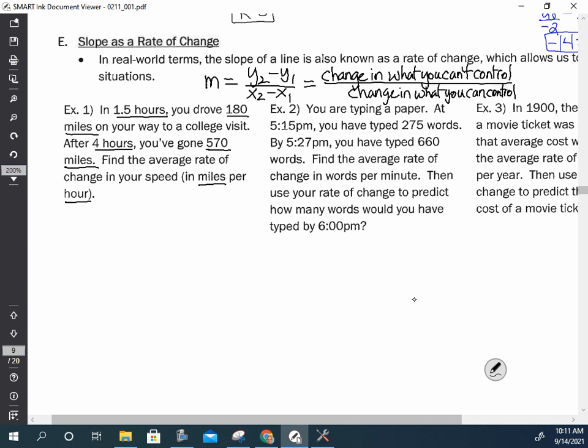Since they're telling you miles per hour, your rate of change is going to have miles on top over hours on the bottom. So they're telling you how to set it up.